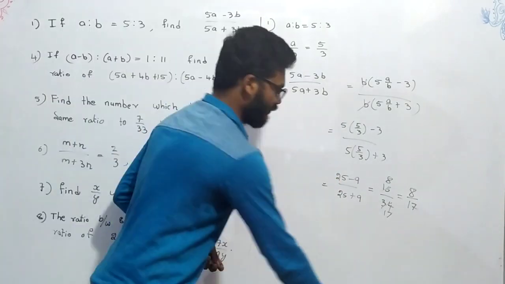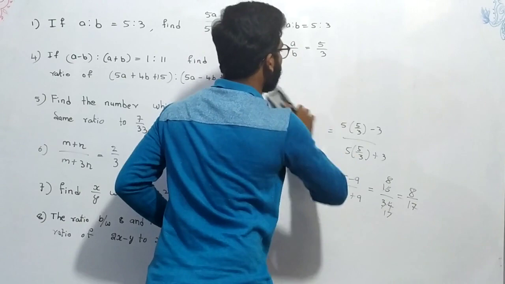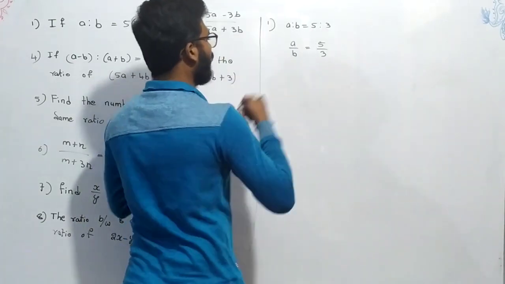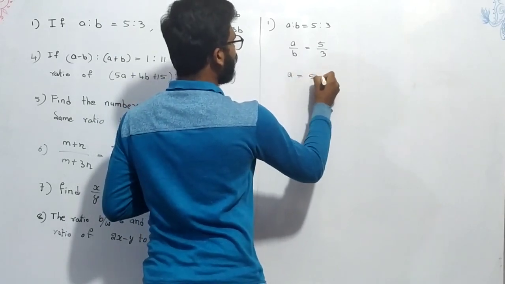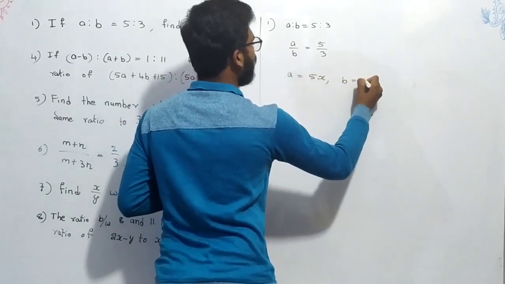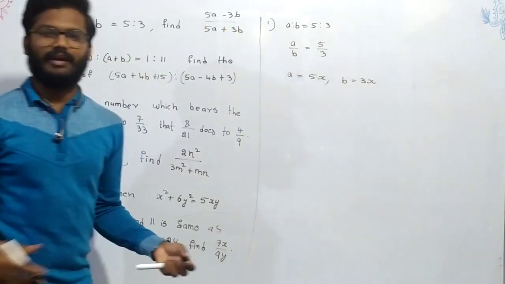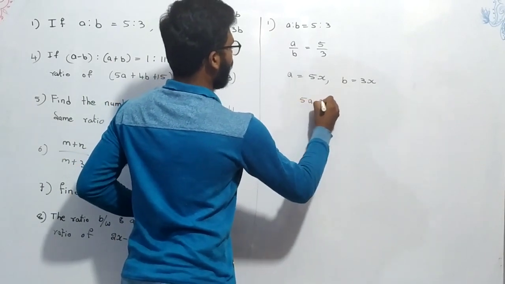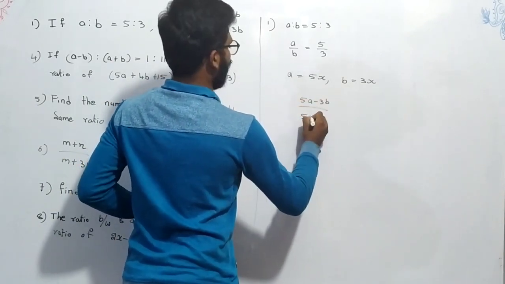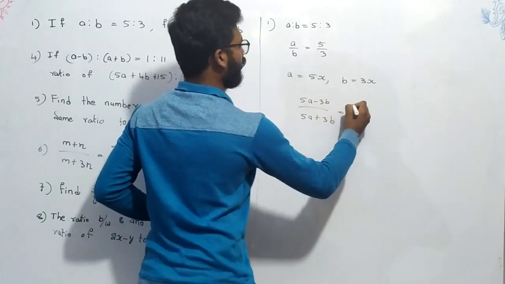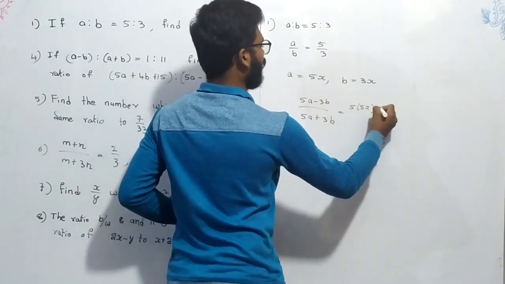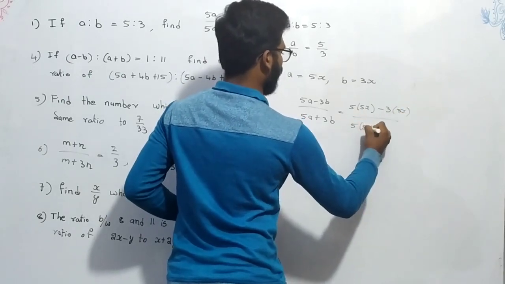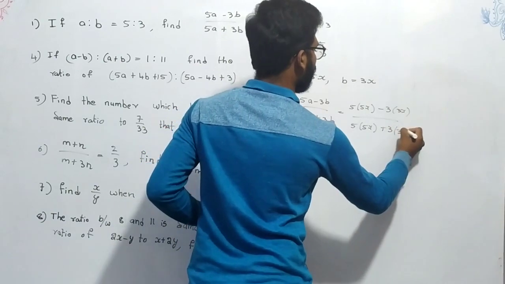Or one more method. As we know the ratio of A to B, we can take A equal to 5x and B equal to 3x, or 5k and 3k, anything, and substitute these values. What we have to find is 5A minus 3B by 5A plus 3B, equal to 5 into 5x minus 3 into 3x by 5 into 5x plus 3 into 3x.